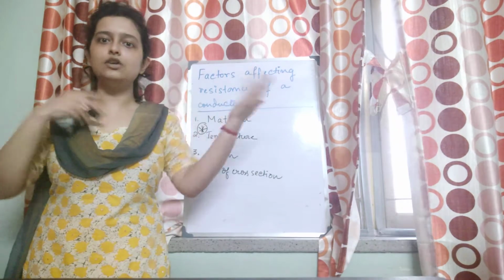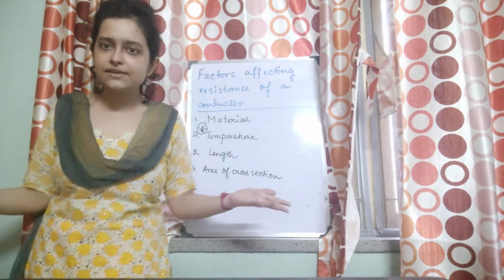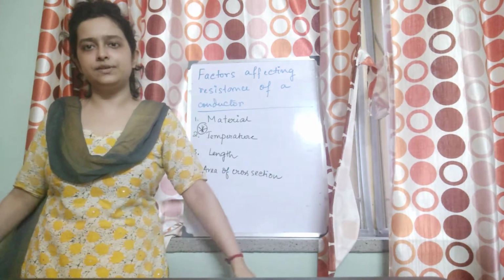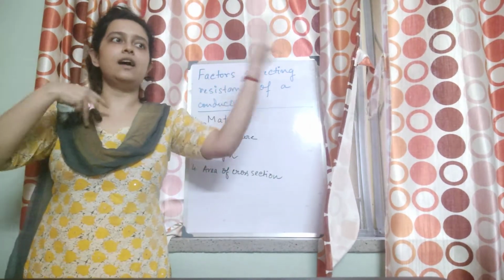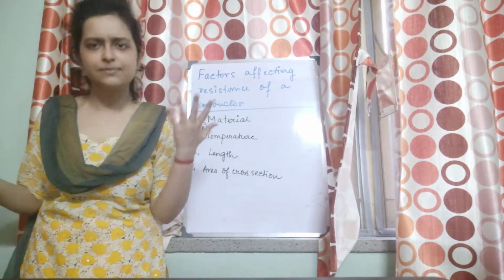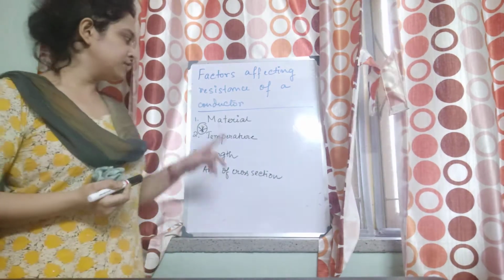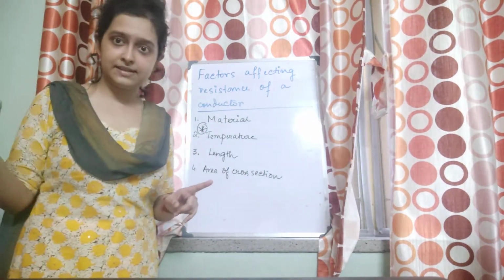That means they will start colliding with each other more, collisions will increase. As a result, resistance will also increase, because resistance is offered due to the collisions with the other positive ions and electrons, right? So if collisions increase, that means resistance is also increasing. So with the increase in temperature, resistance does not remain constant, it increases.